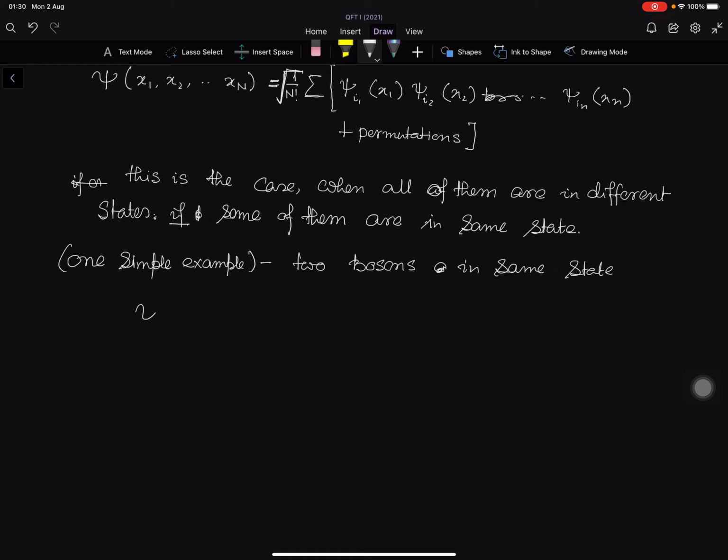In this case, the wave function is simply, for fermions this case is just 0, but for bosons it is simply this, because you see the wave function is explicitly permutation symmetric. So the wave function is simply the product of two wave functions.